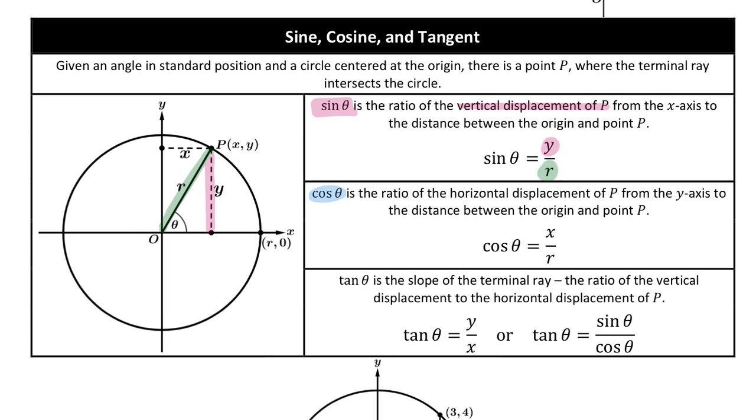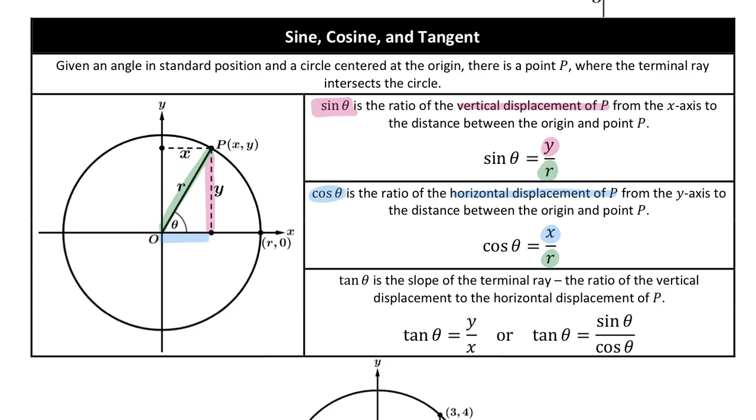Okay, so cosine of theta is the ratio of the horizontal displacement of P from the y-axis and the distance between the origin and point P, meaning cosine of theta is defined to be x divided by r, where x is the horizontal displacement. If you're sort of remembering trig functions from geometry class, you probably learned SOHCAHTOA.